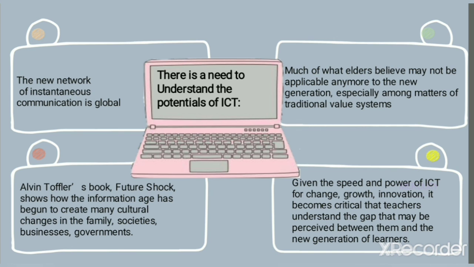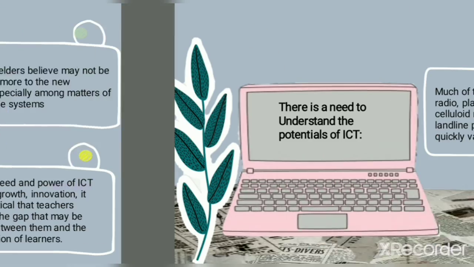It is highly relevant to the situation anywhere in the world where people are being caught up in rapid urbanization and industrialization. So given the speed and power of ICT for change, growth, and innovation, it becomes critical that teachers understand the gap that may be perceived between them and the new generation of learners.